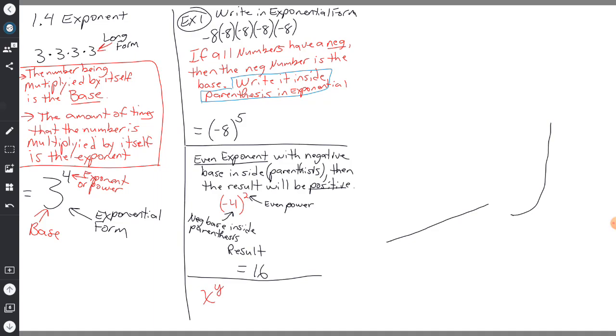So what you have to do is put in your -2. You should have a negative button, not the minus button, somewhere on your calculator. If you have parentheses, put it in parentheses like that, and then your -2. Then you hit that button, x to the y, and then your equal button. And then that should show you that the result is going to be 16.